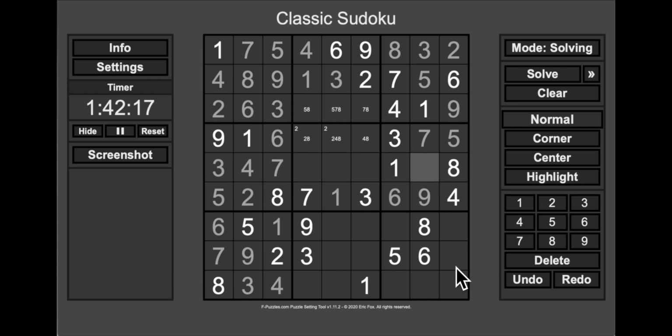Let's see. Do I have any reason to doubt that that's a 2? I really hope not. If that's a 2, then that's a 4. Well, that has to be a 4 to complete that column, except now I've got a problem in row 9.